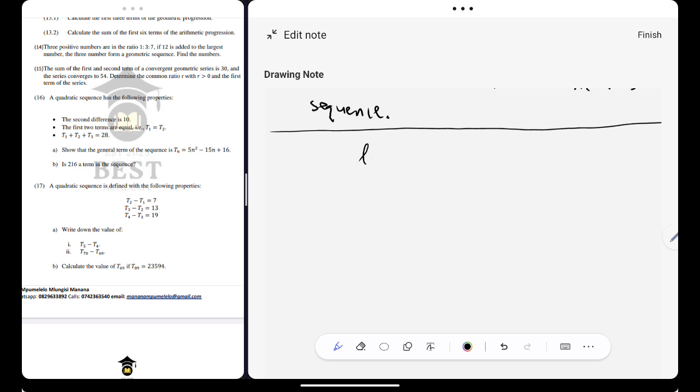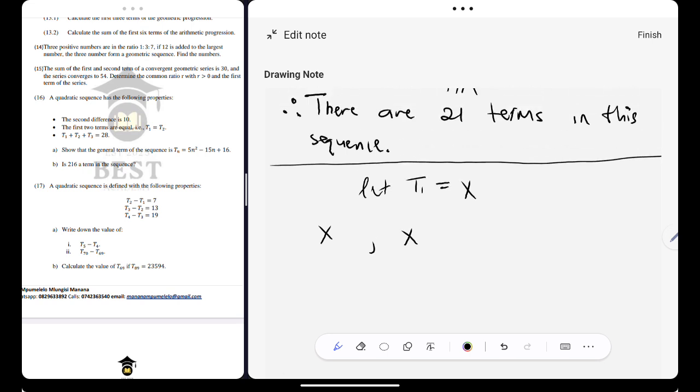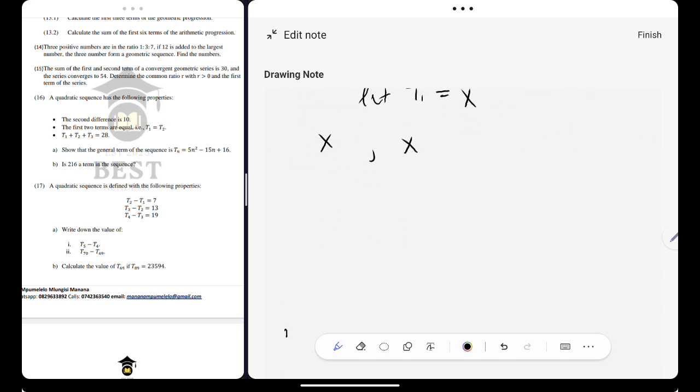You must show that the general term of the sequence is that. If you say let T1 be equal to x, it will be simple. We know that the first term is x and the second term is x, since we're told that they are equal. Since the first two terms are the same, that means there's no difference between them.